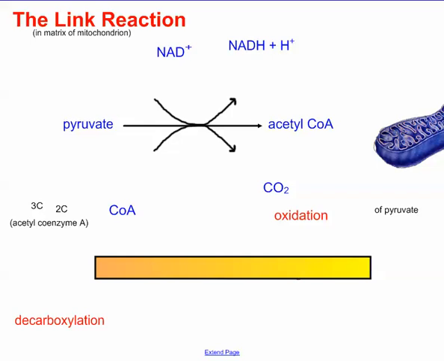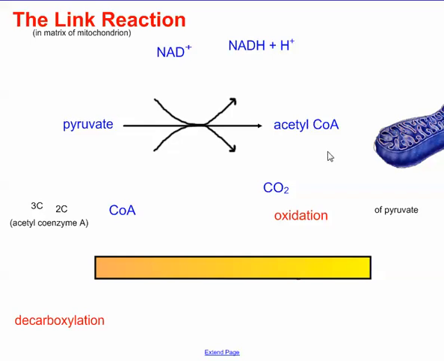We can actually break down proteins, and when we're really, really hungry and starving, we can break down our own proteins and muscle to convert that into energy. And it turns out that those proteins also get converted into acetyl coenzyme A.